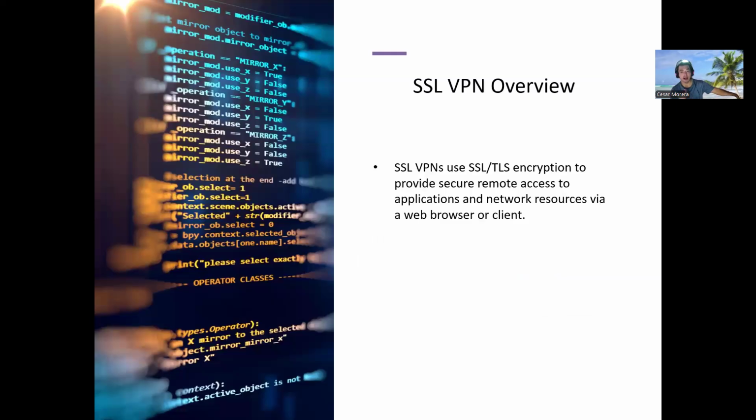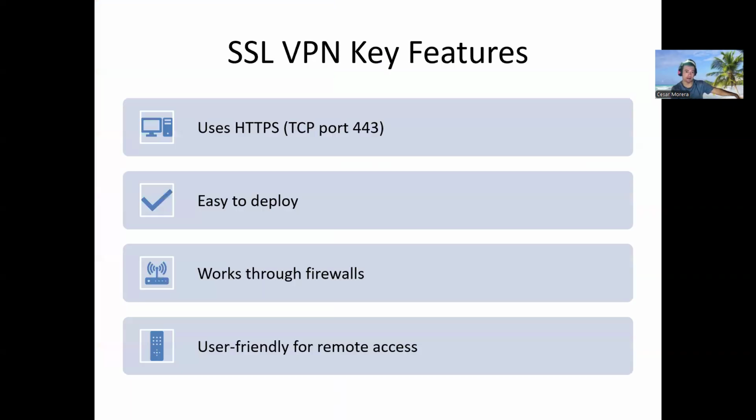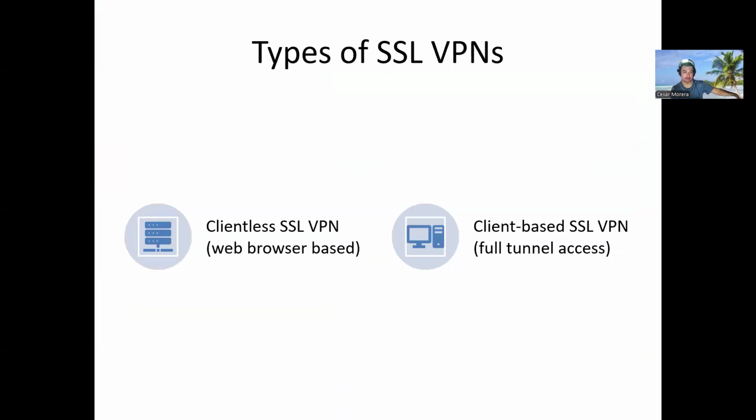Let's go over the SSL VPN overview. SSL VPNs use SSL/TLS encryption to provide secure remote access to applications and network resources via a web browser or client. SSL VPN key features: uses HTTPS, TCP port 443, is easy to deploy, works through firewalls, and is user-friendly for remote access.